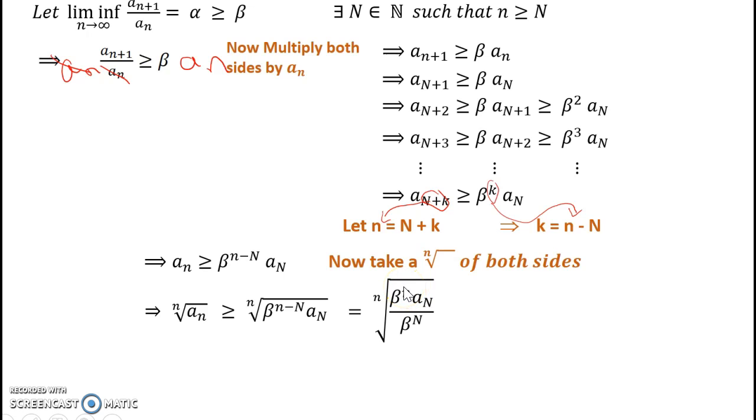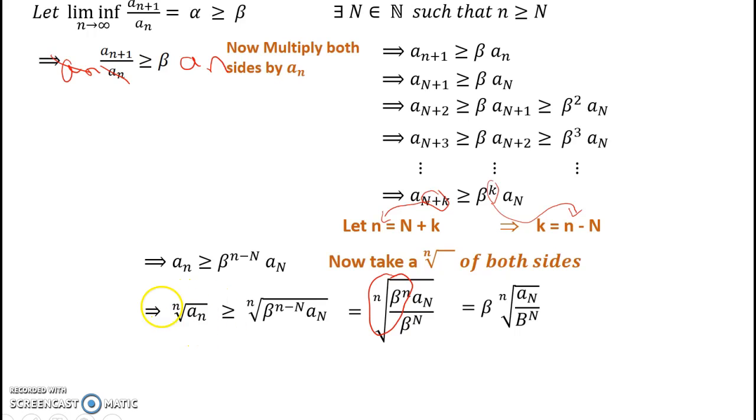And if you take this part only, the nth root of beta to the nth power, that will simplify to just beta outside of the radical, producing this following expression: beta times the nth root of A sub N over beta to the capital N power.